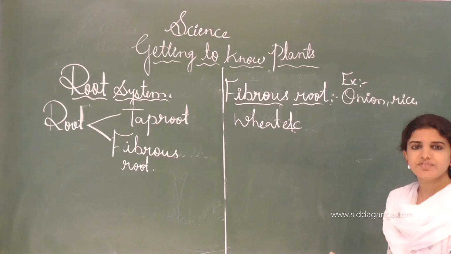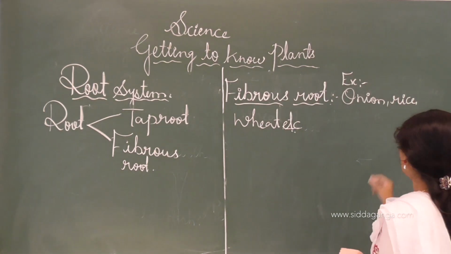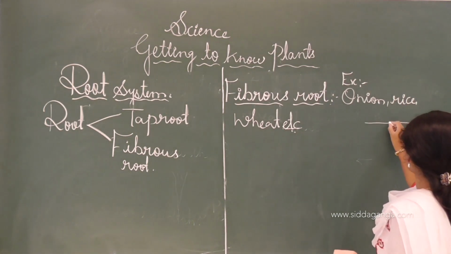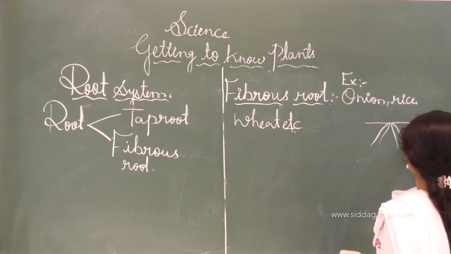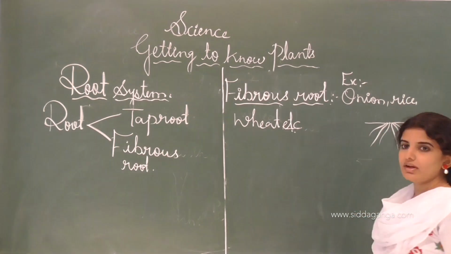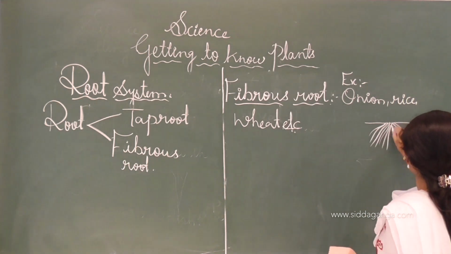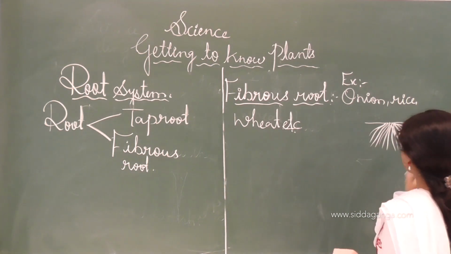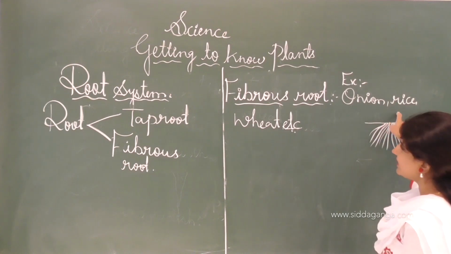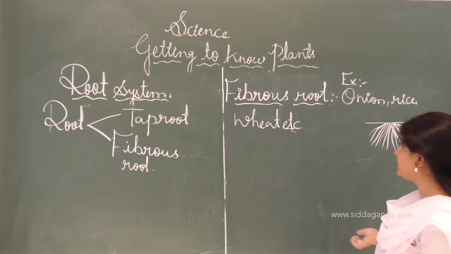See, the diagram for the fibrous root will be here. No main root will be there. That's why it looks bushy in appearance. And the plants which have fibrous roots are onion, rice and wheat.